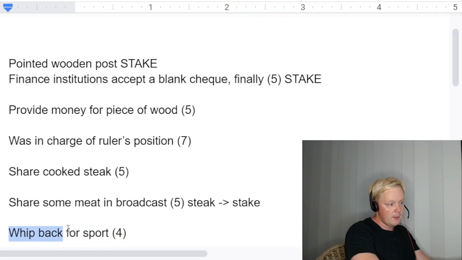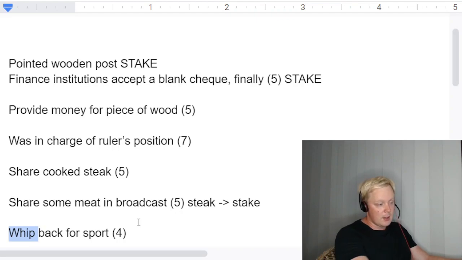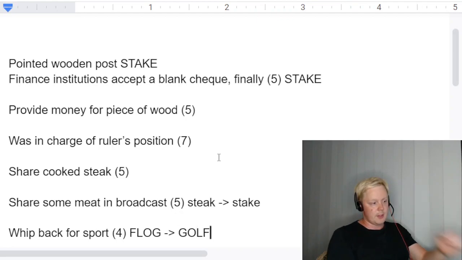We do something for an answer that means sport. So we need a word that means whip, and when we reverse it, it means some kind of sport. Well, flog can mean whip, and you reverse that, it's golf, it's a sport.